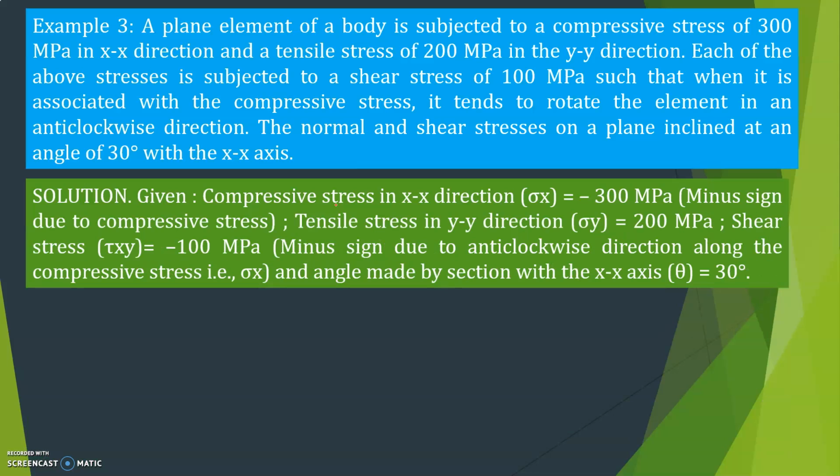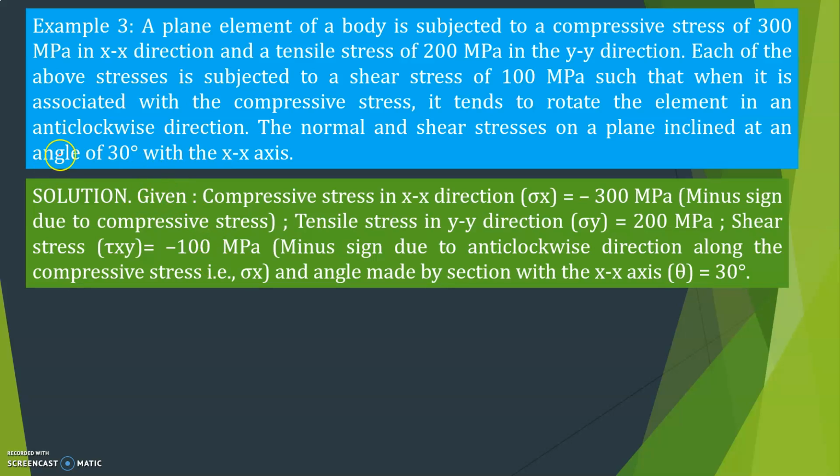Okay, so what is given here? Sigma x is given, but this is compressive stress, so you have to take it as minus 300 MPa, and also a tensile stress of 200 MPa, that is sigma y is equal to plus 200, and shear stress, that is anticlockwise associated with the compressive stress, so you have to take it as minus 100 MPa.